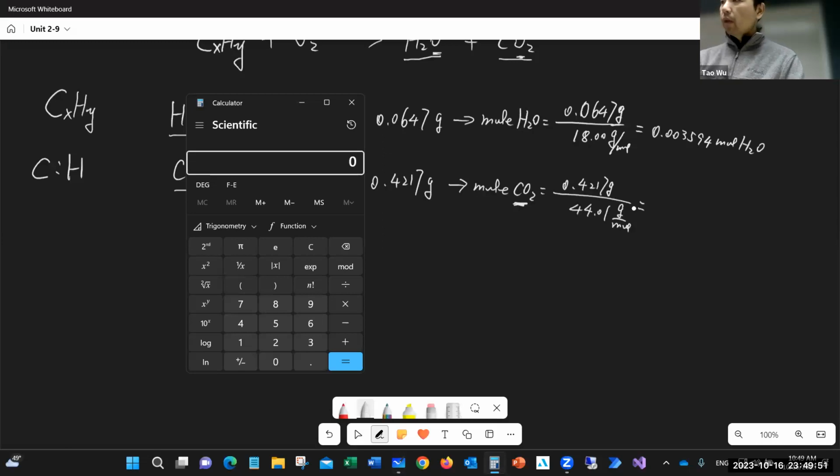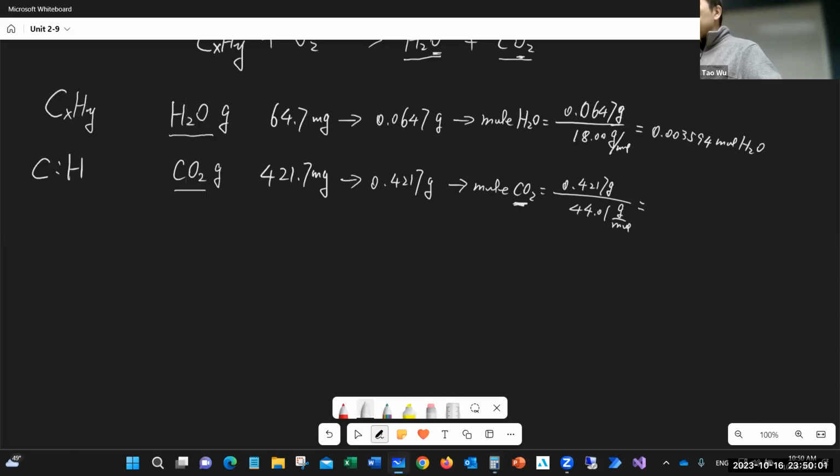CO2, 0.4217 divided by 44.01, you got 0.009582, and that's going to be mole of the CO2. Okay, so now we got the moles of the water, and then we got the moles of CO2.